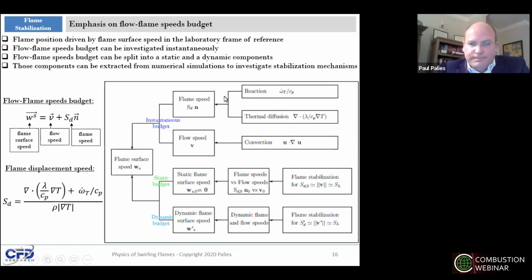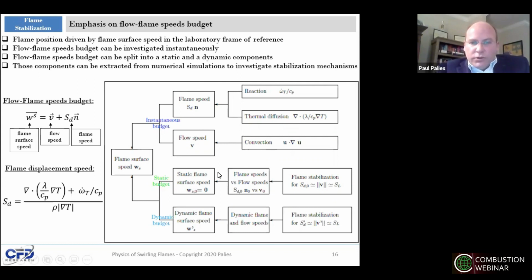While the flow speed is determined mostly by the convective effect, and this combination, flame speed and flow speed, determines the flame surface speed. And we will see that in an instantaneous manner, each piece of the flame is convected, is dominated by convective effect on the swirling jet.